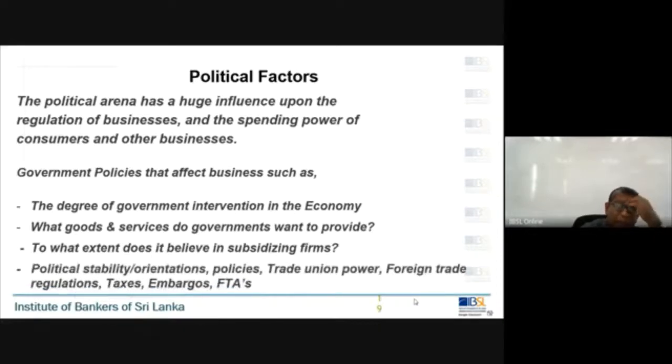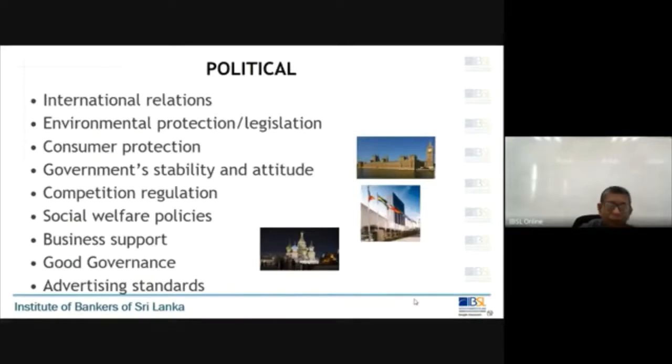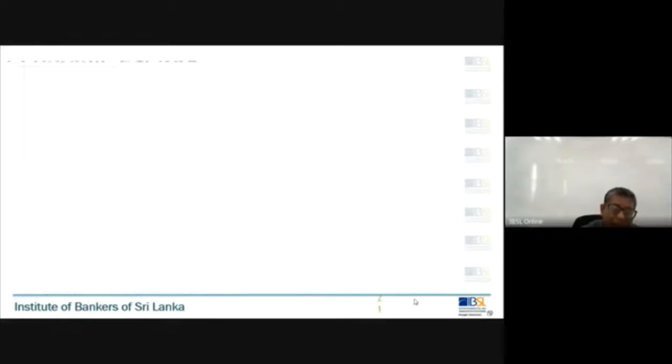And what are the taxes, the political stability, agreements between parties, trade agreements, all play an important role. So political factors may impact our international relationships, environmental protection, consumer protection, good governance, advertising standards, competition, all matters.